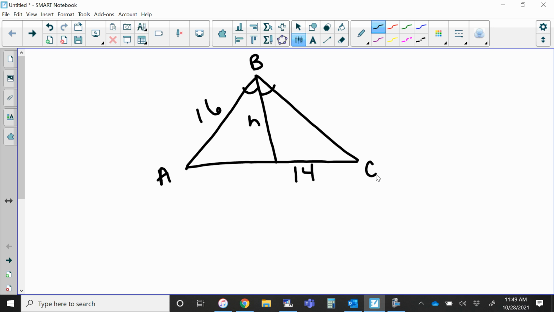Brody? Did I tell you it was a perpendicular bisector yet? But I didn't tell you that that triangle was an isosceles triangle.